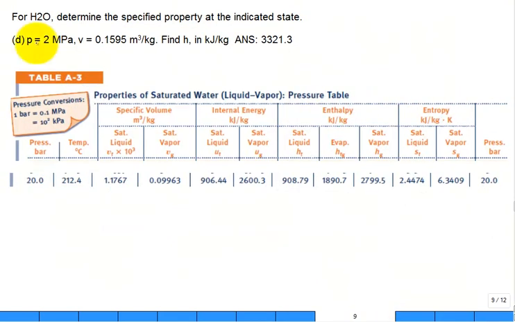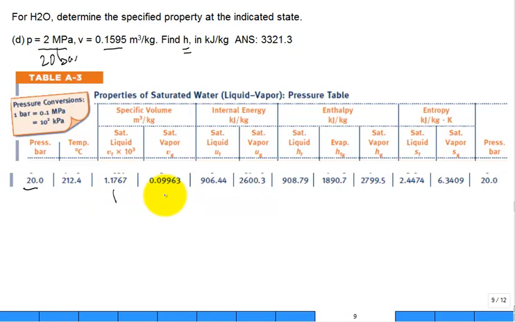Okay, let's continue on. So now still water, all these parts are with water. We have a pressure of 2 megapascal, or 20 bar. And we have a given specific volume. This time it's not 0.0595, it's 0.1595. So it's a different value of specific volume, and we're asked to calculate the enthalpy H. Well, come down here, and again we compare.